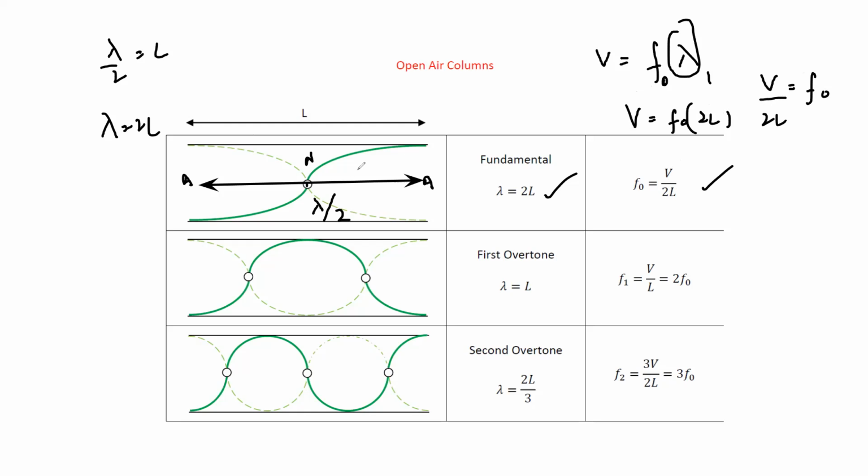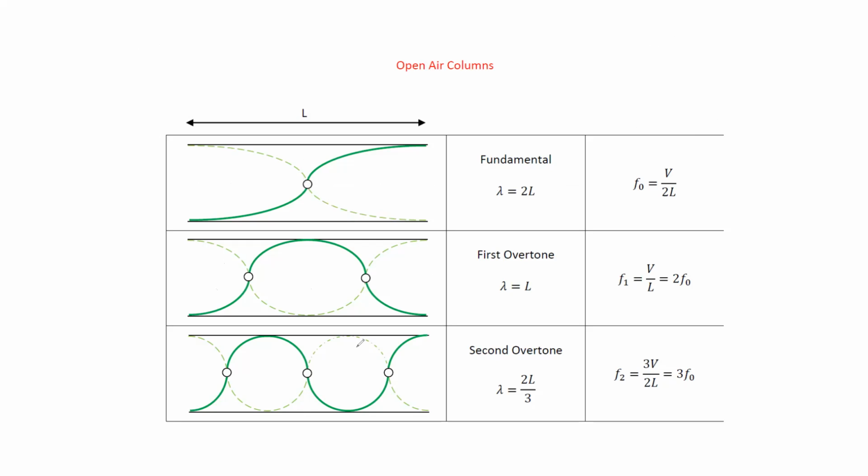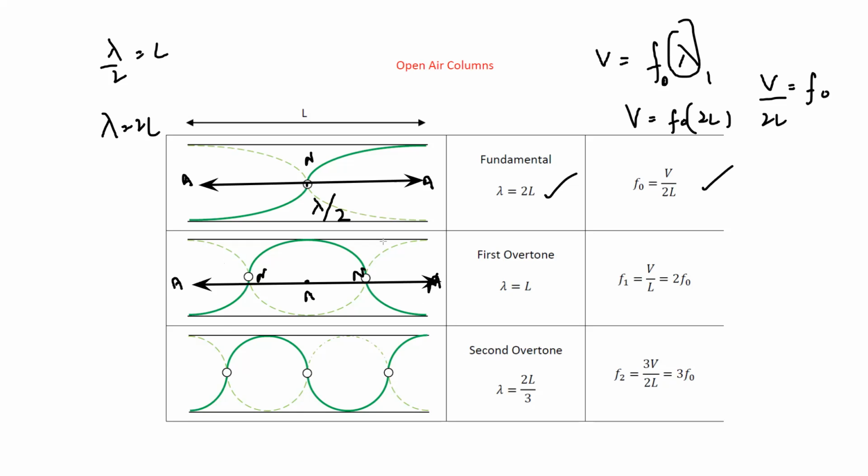And this is a second way it can vibrate. So here is antinode, node, node, and antinode. The distance between three successive antinodes is equal to lambda. So this whole distance will be equal to lambda, or the length of the pipe is equal to lambda.